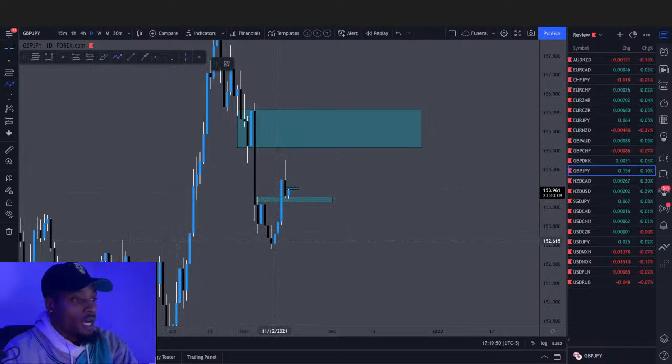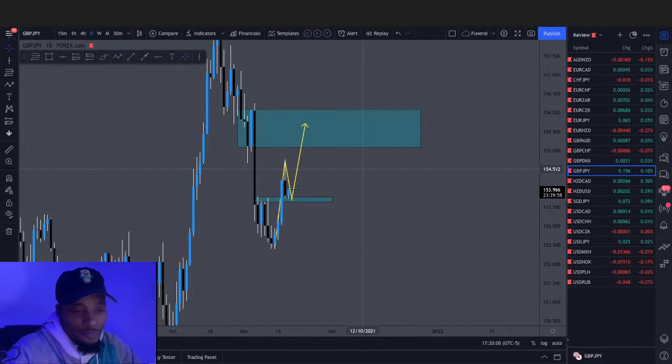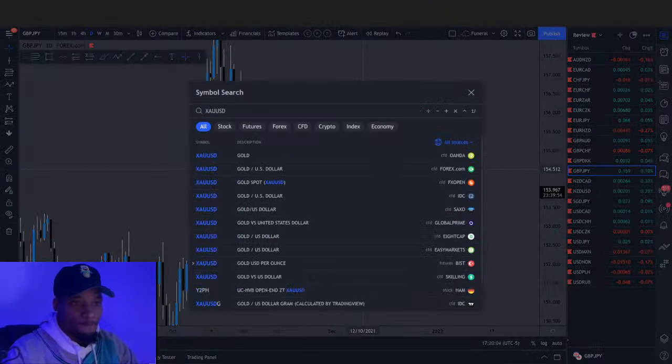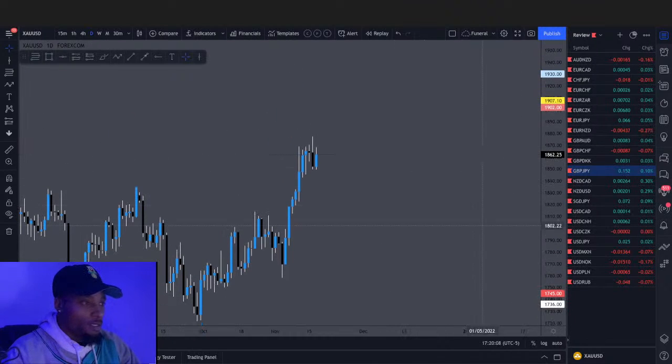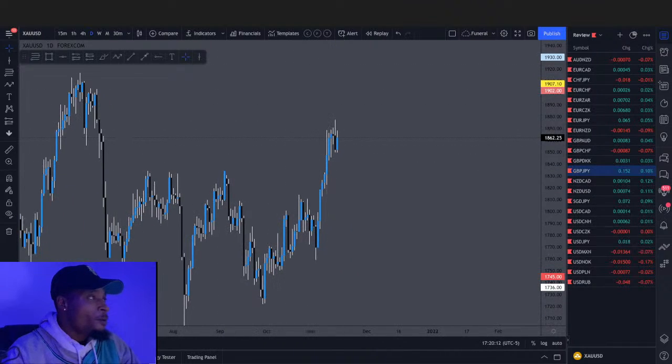The most common pattern in the market. Especially something like, what else we got? XAUUSD. Same thing on this. Starting our retracement. So where we'd like to see it come to?